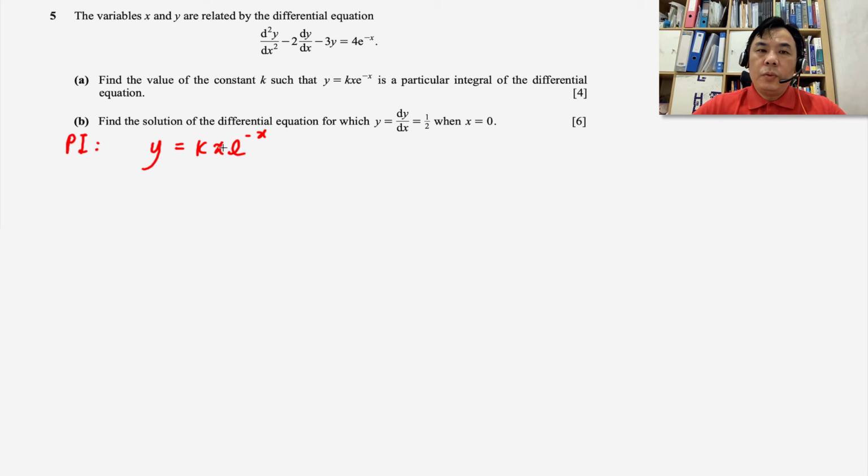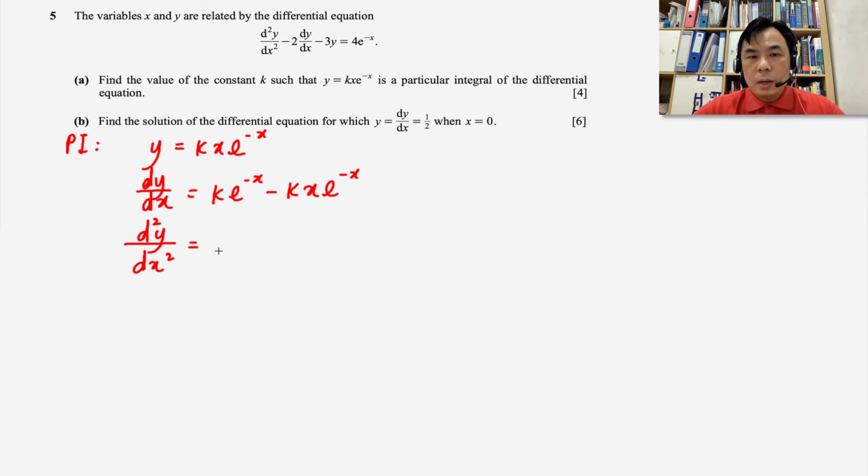Now the steps to follow, if you are given the particular integral, all you need to do is just differentiate this one time. I hope that you guys are okay differentiating this using the product rule. Now, of course, in this case, it will be kx exponential x. And then we're going to perform the second derivative also.